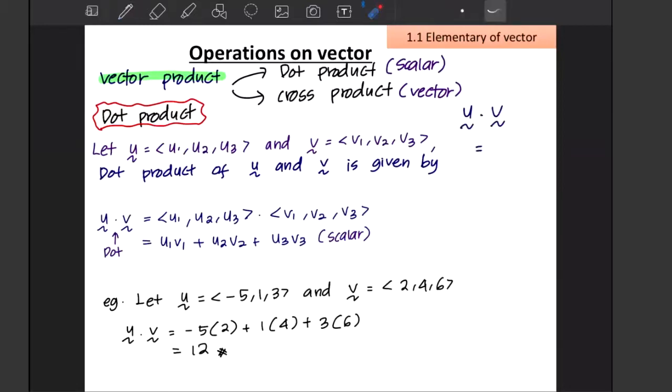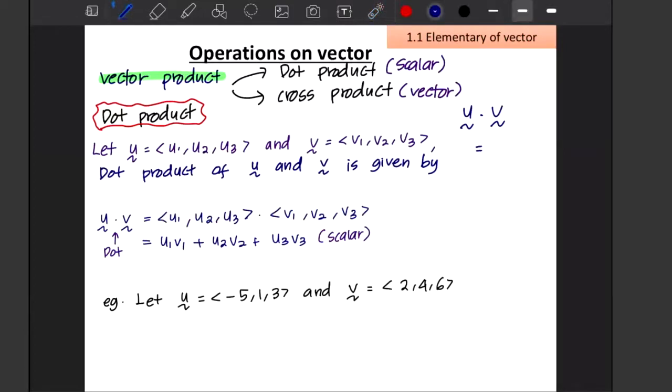To get the dot product, u1 multiplied by v1, and then you plus all the same components: u1 v1, plus u2 v2, plus u3 v3. And in the end, you will get a scalar, you will get a number.